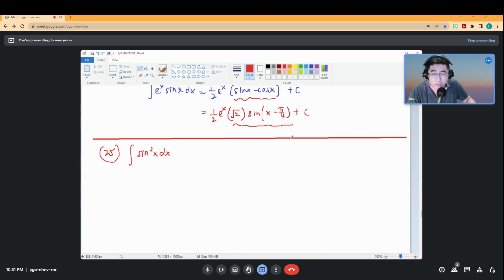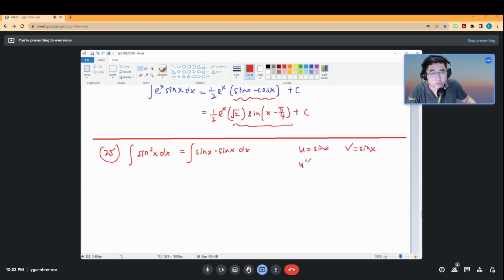But right now, the objective is to look at it by parts. What happens if I do it by parts? I will do it as sin x times sin x dx. So I have u equals sin x and v prime equals sin x.